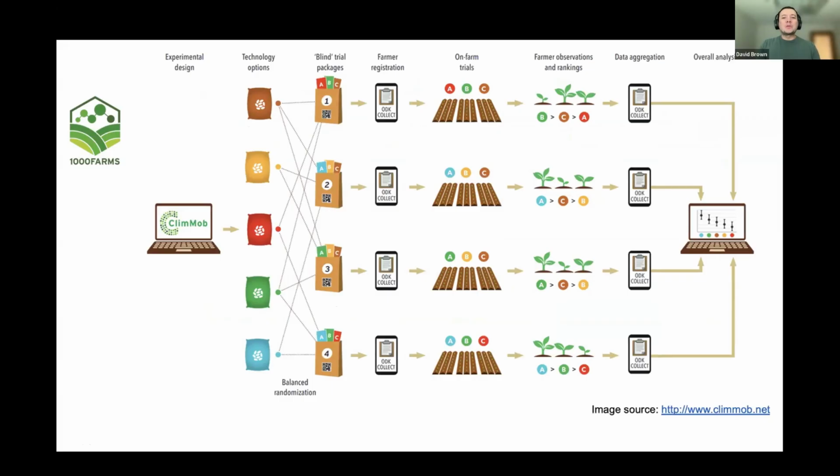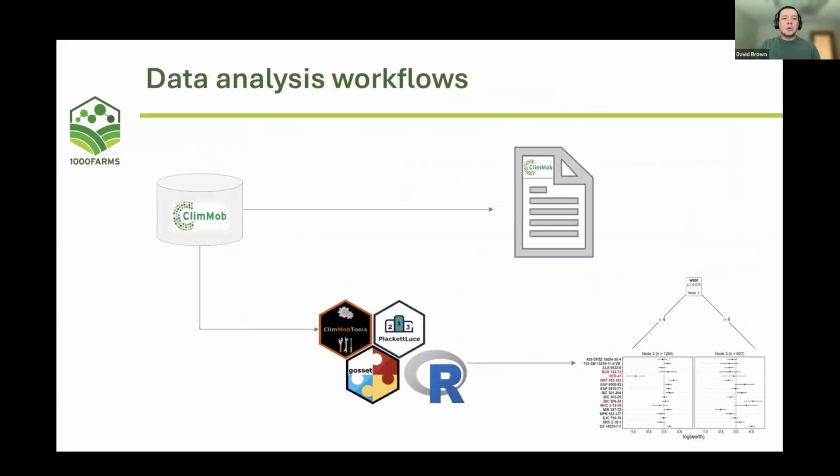I'm assuming most of the audience is familiar with Tricot, but we know that it's a participatory approach to test technologies supported by a digital platform named ClimMob. After the farmers evaluate the varieties on their farms, the data is collected and uploaded to ClimMob. From there, the usual approach has mainly two types of workflows.